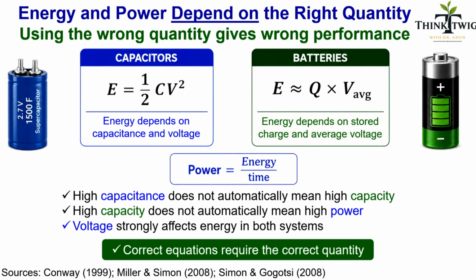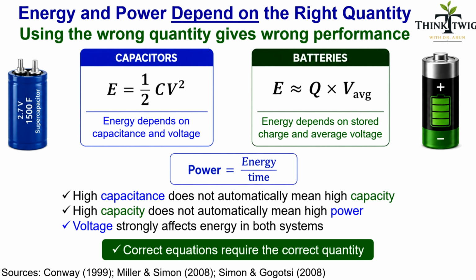Now, we can see why using the correct quantity is so important. For a capacitor, capacitance and voltage are used. For a battery, stored charge and average voltage are more useful. Now, look at power. Power equals energy divided by time. Power tells us how quickly the stored energy can be delivered.